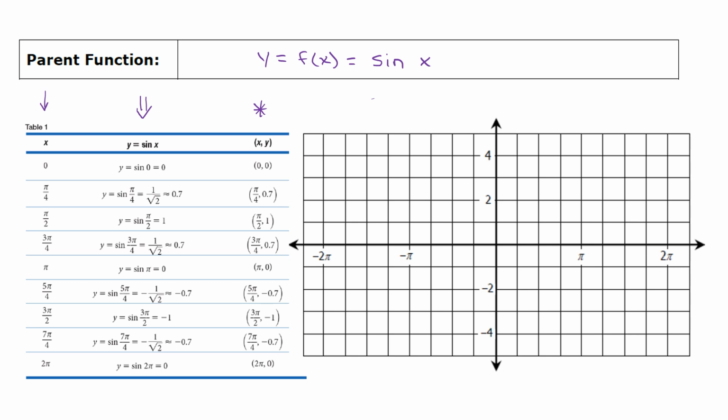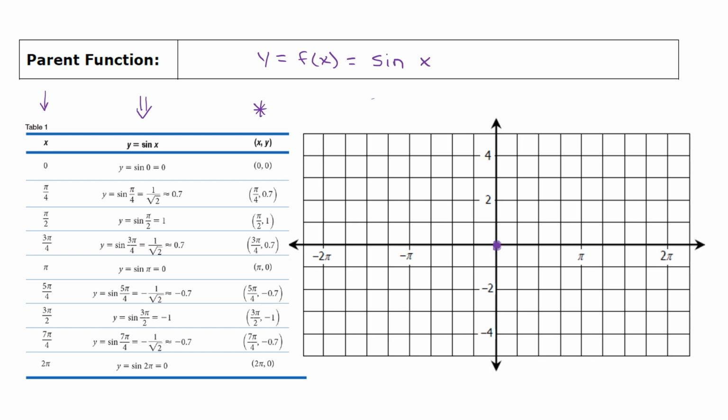Okay. So my x values go in increments of pi over 4, and as you see here on my graph, I also increase by pi over 4. So my first point is going to be 0, 0. So let's plot that point. That'll be 0, 0. Let me use a highlighter, so it's bolder for you.